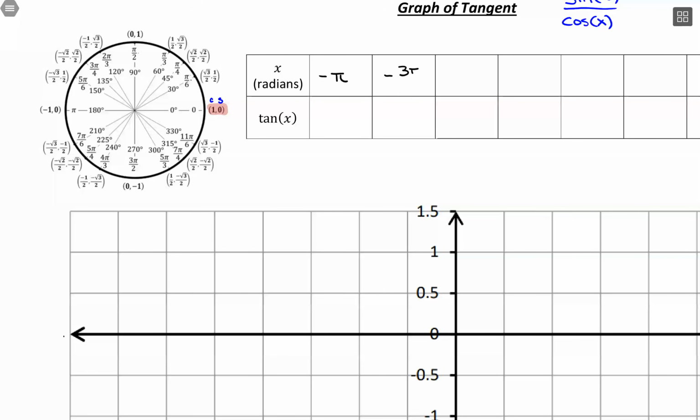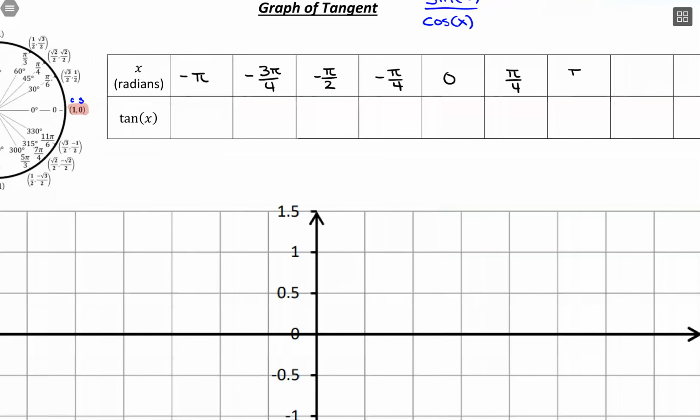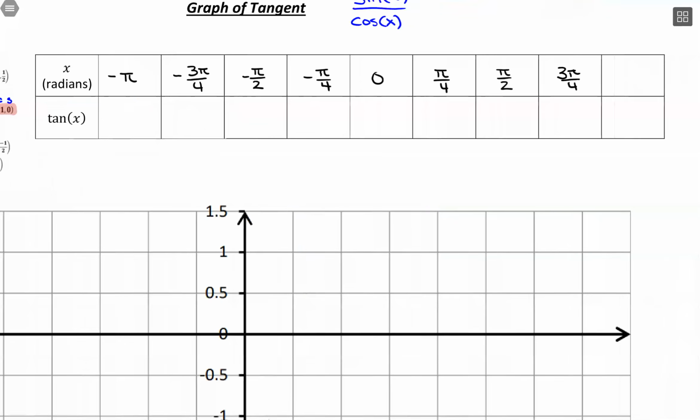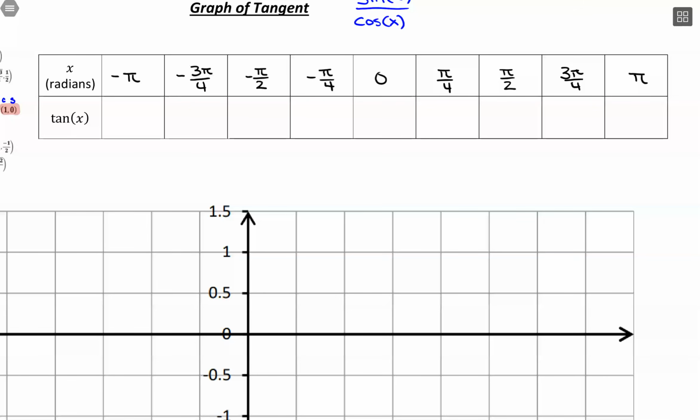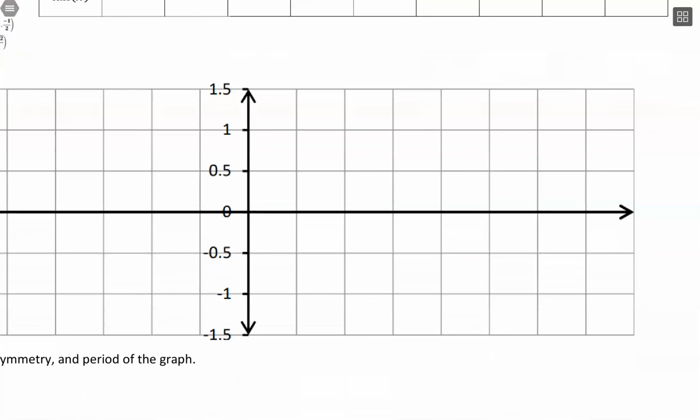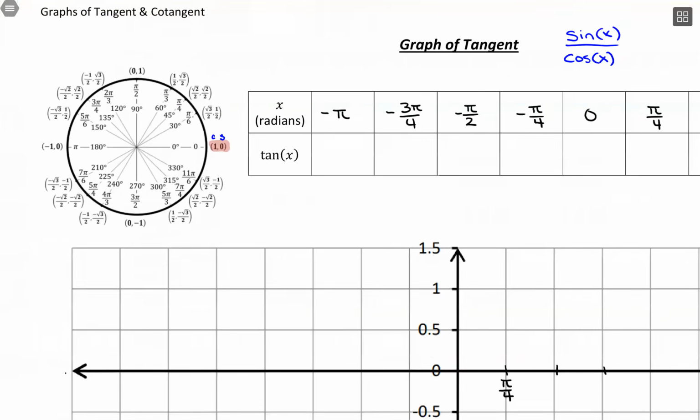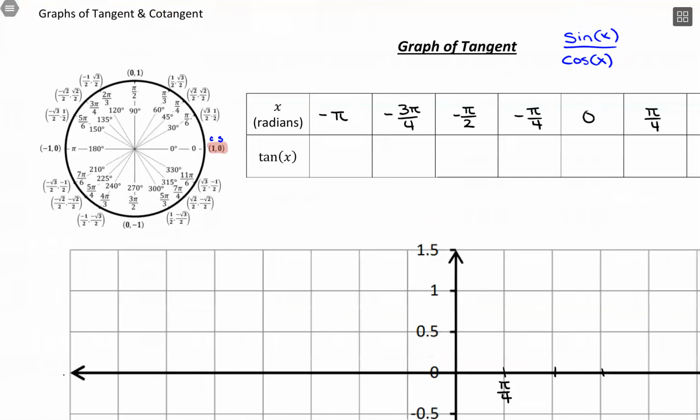So negative 3 pi over 4, negative pi over 2, negative pi over 4, 0, and then positive pi over 4, positive pi over 2, positive 3 pi over 4, and pi. All right, and then I'll just use that same unit along the x-axis here, jumping by units of pi over 4.